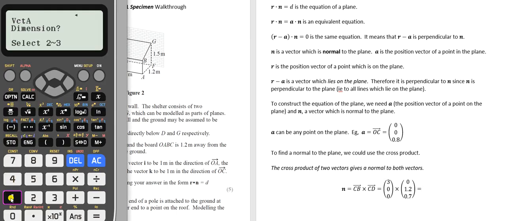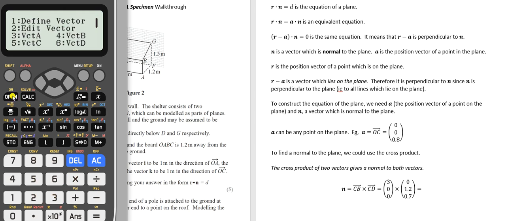On the calculator, we can define our vectors. 3D vectors, 3, 0, 0, press enter, press option once more. We can define another vector. We'll define vector B. That's also three-dimensional, but it's 0, 1.2, 0.7. And then we go to option once more, and we can see we've got vector calc, which will allow us, if we press option, to select our vectors to do calculations with.